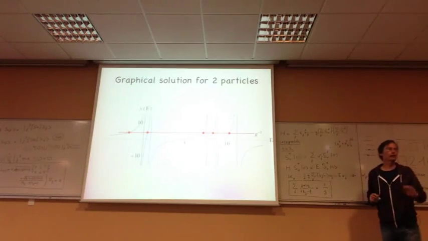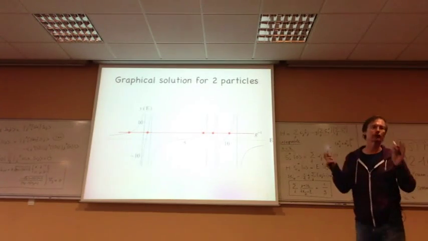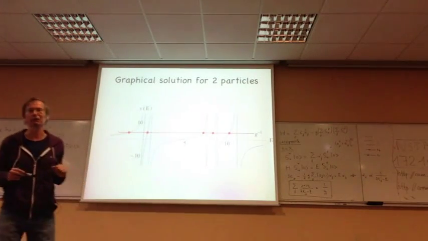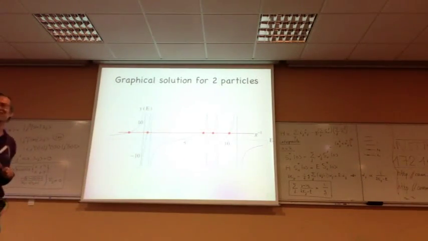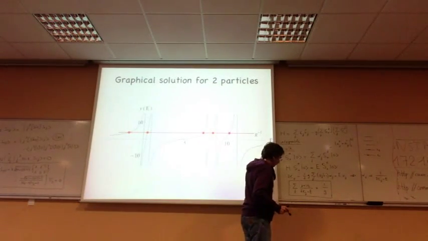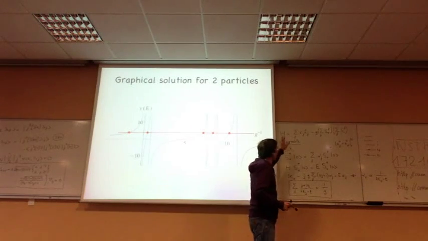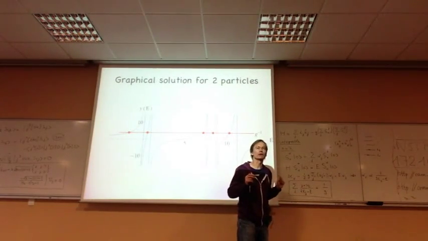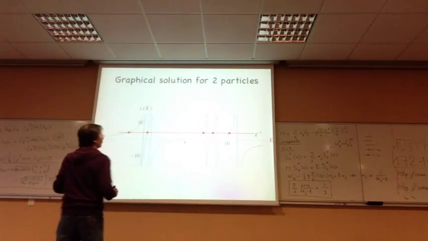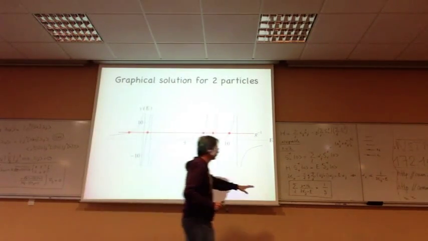This derivation I will not do because it's long. Okay, so I understand your remark. So you listened. Good. Right, so it can be written as a sum of commuting operators. Okay, let me get back to this graphical solution.